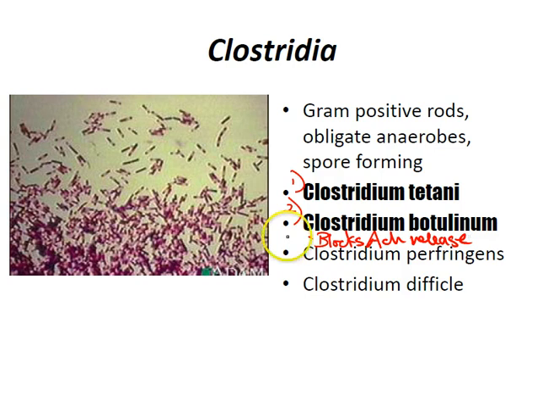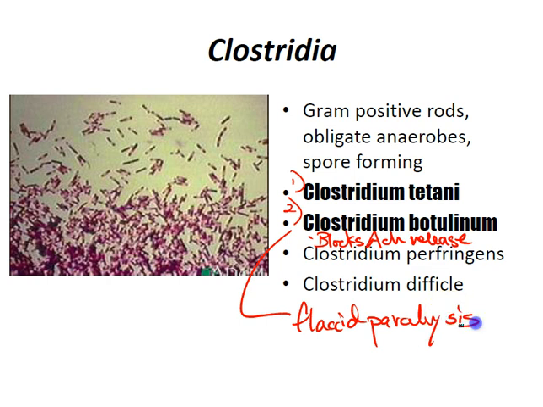So therefore, with this guy, you get a flaccid paralysis instead of tetanic contractions like with Clostridium tetani. With botulism, you get a flaccid paralysis. That's why we give people Botox, right? Presenting symptoms include dry mouth and blurry vision, classic signs of acetylcholine blockade there, no surprise.